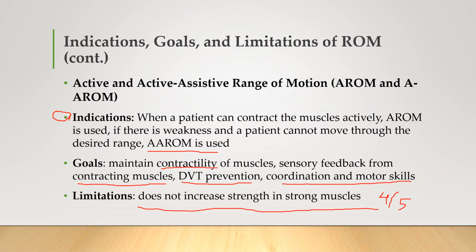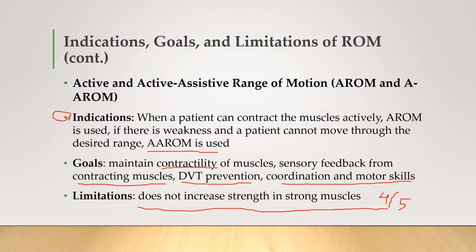They can go full range, but they just can't tolerate maximum amounts of resistance here. So gravity may not be enough overload to increase muscle strength from 4 out of 5 to 5 out of 5. If we wanted to increase that muscle strength, we would have to add resistance bands, manual resistance, free weights, something like that to really overload the muscle.